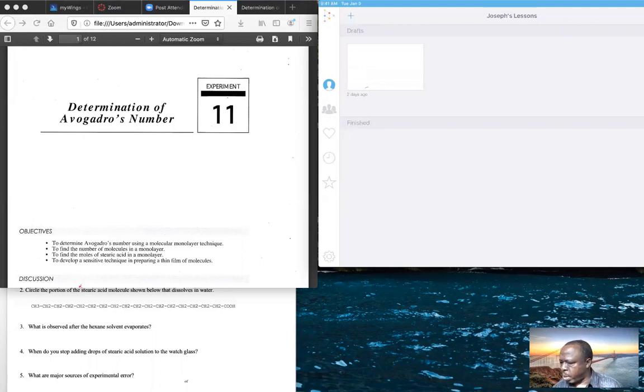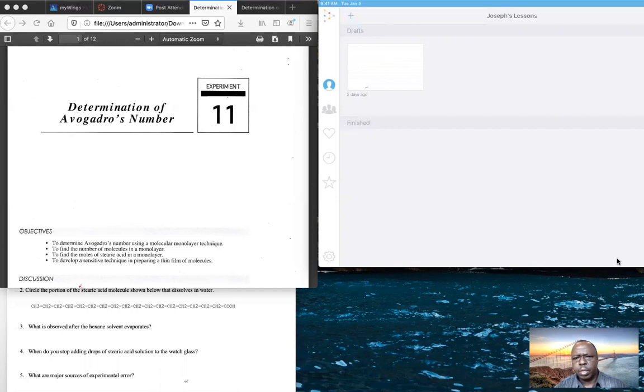Avogadro's number is denoted using the symbol N, with subscript capital A. Some others use three significant figures to represent Avogadro's number with this numerical value.